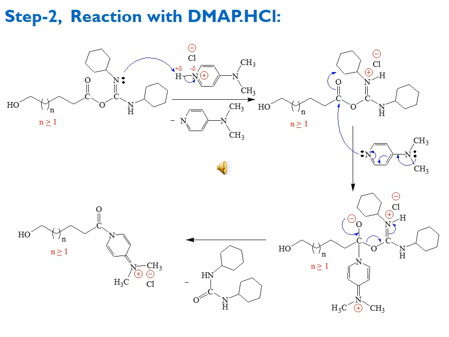Here you can see the lone pair of the sp2 hybridized nitrogen with the C double bond is going to attack the proton of this protonated amine, and it is now protonated, giving NH with positive charge on the product side, and this positive charge is counterbalanced by the negatively charged chloride which was previously attached to the protonated amine, and the byproduct is the neutral amine. Here is the question.